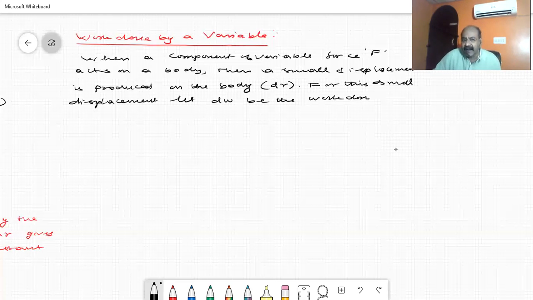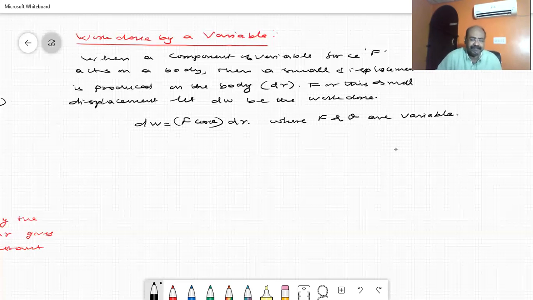If dW is the work done, then it is given by the expression dW equals F cos theta into dr. Here we are saying that F, the applied force, as well as the angle theta between the force and the displacement, are considered to be variable.